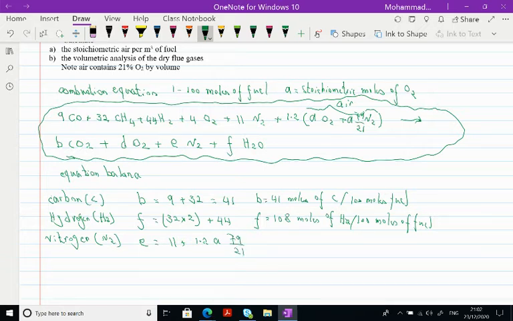So we get this equation. So the next element is going to be oxygen, which is O2.